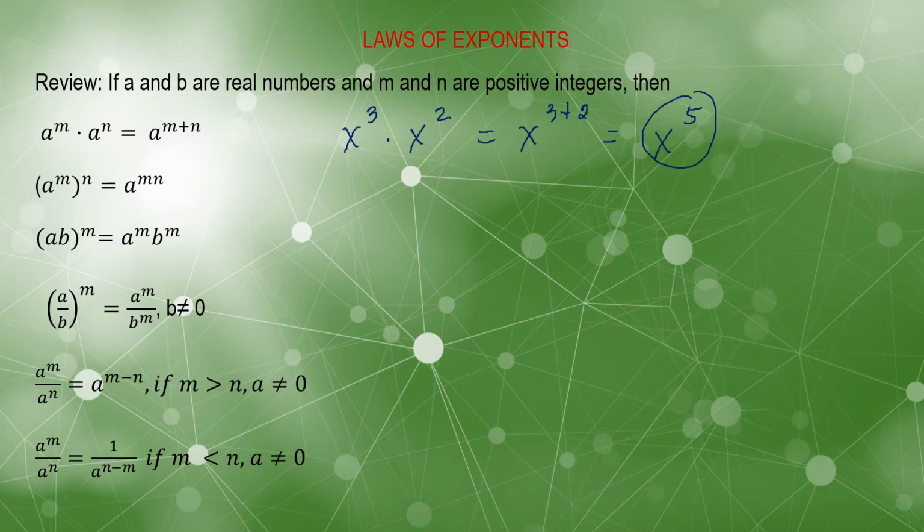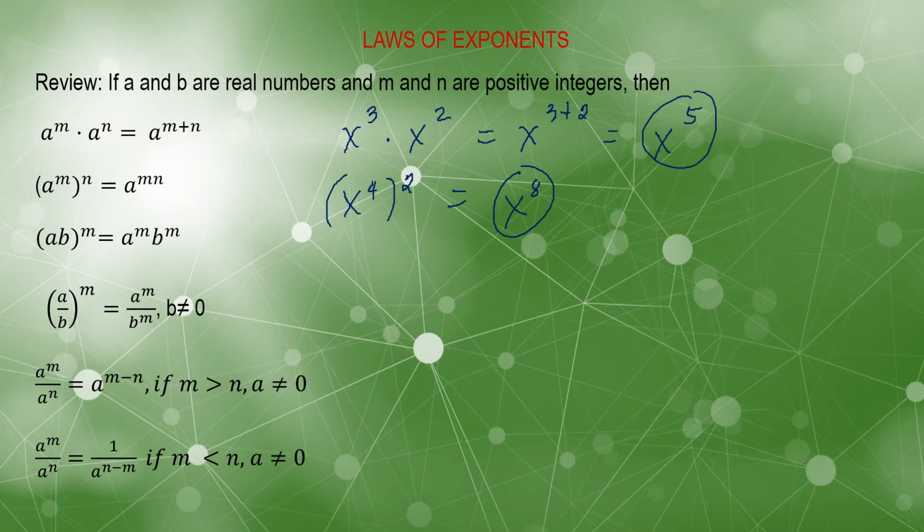Say for example, we have x raised to the fourth power quantity raised to the second power, that will be equal to x raised to the product of 4 and 2. So the product will be x raised to the eighth power. Another law, we have quantity ab raised to the power of m is equal to a raised to m times b raised to m.